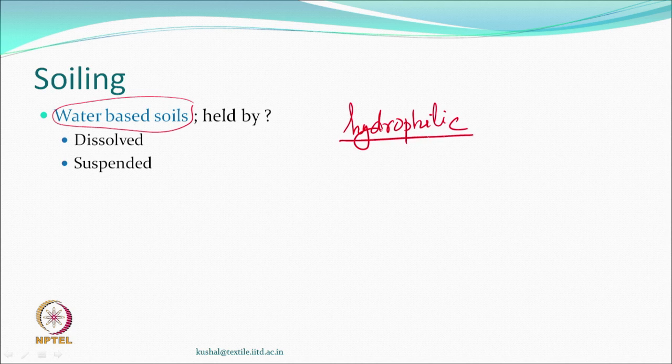So, if the surface is hydrophilic, the water based soils could be dissolved, like an ink dissolved or any other dye dissolved, like coffee, tea. Others could be suspended, where some of the particles are dispersed within the system, and then they get imbibed.